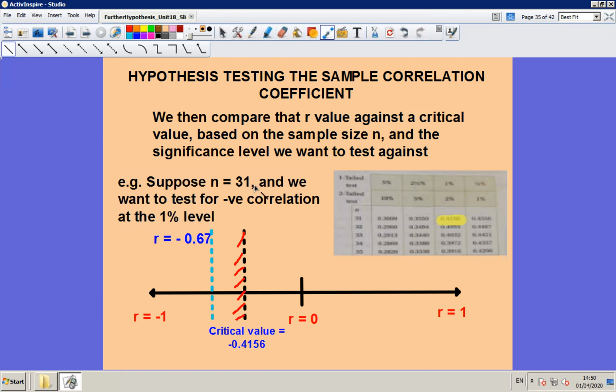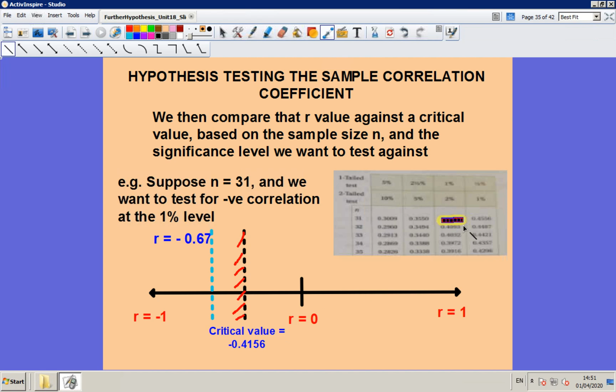So let's imagine we've taken a sample of 31 pieces of data, and we want to test for negative correlation at the 1% level. So we're doing a negative correlation check, so this is a one-tailed test, and we're interested in looking at it for the 1% level, so we want evidence significant at the 1% level, and our sample size is 31. Well, the critical value at that level is going to be 0.4156.